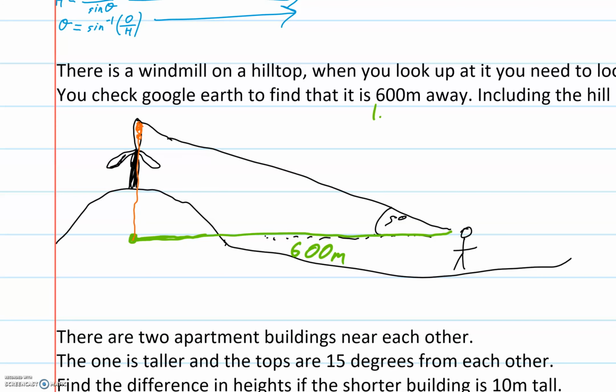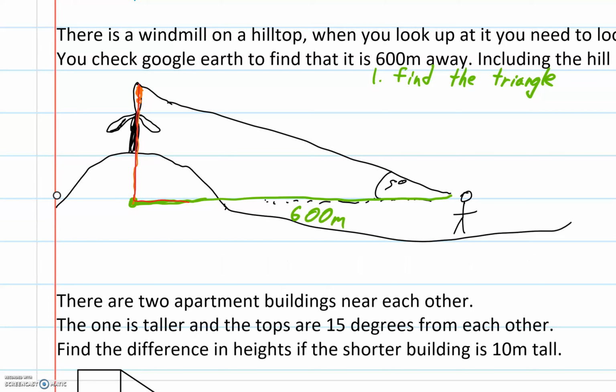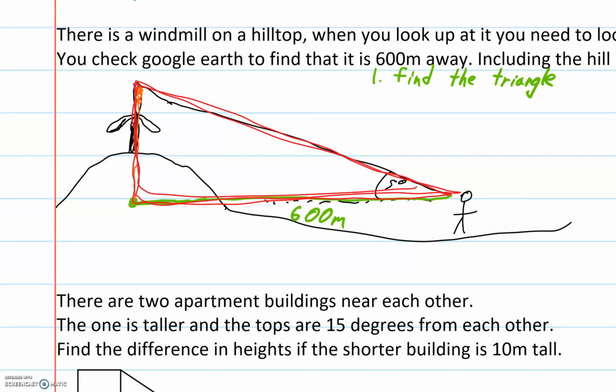First step is locate, find the triangle. This is super important. So what is the triangle that we're looking for? In this case, I'm going to go over it with red here, and then press undo after. So here to here to here, that is our triangle. So you can see our triangle there. That's what we're looking for.